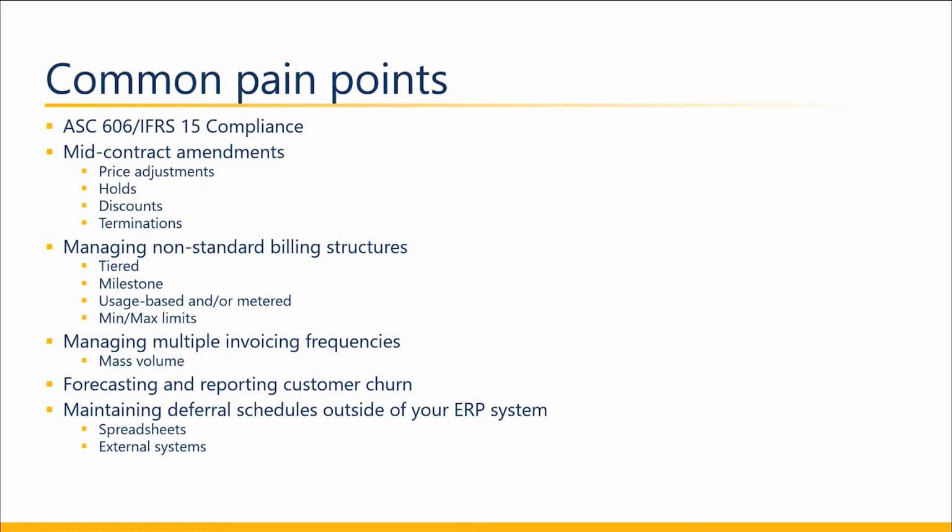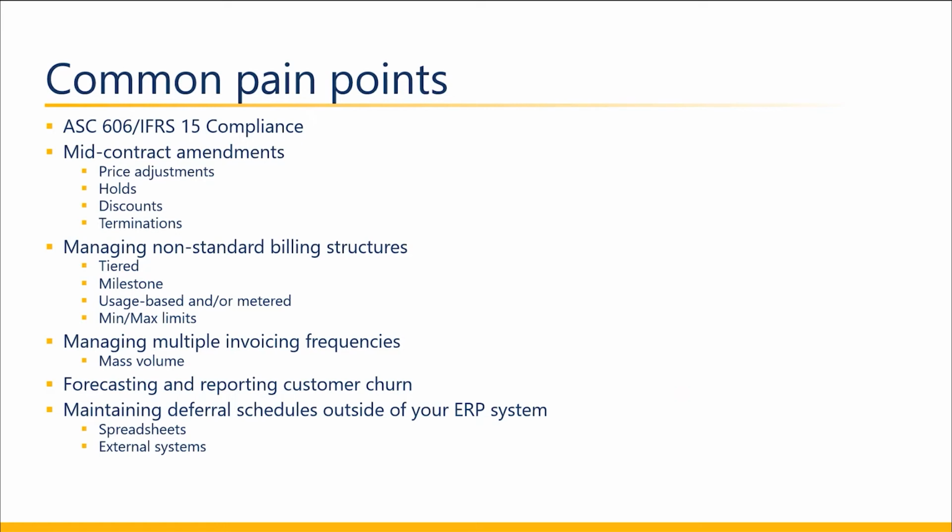So having to adjust if you need to put a hold on a contract, or you need to set a price escalation or discount, and having that billing schedule auto update and automatically recalculate how those future revenues are going to be collected can be a great time saver for the accounting staff of the users.